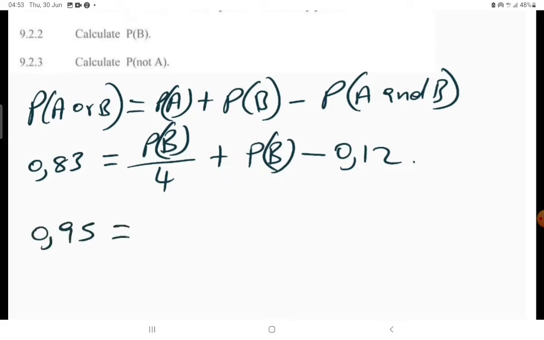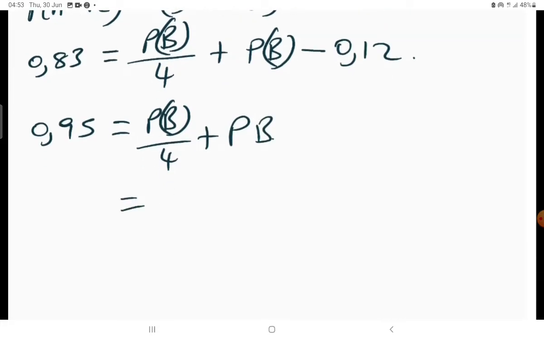This is equal to the probability of B over 4 plus the probability of B. So you can solve this: we have 4 plus 1, which is 5, the probability of B over 4, which is equal to 0.95.